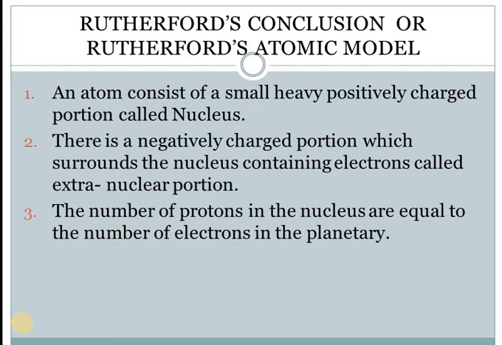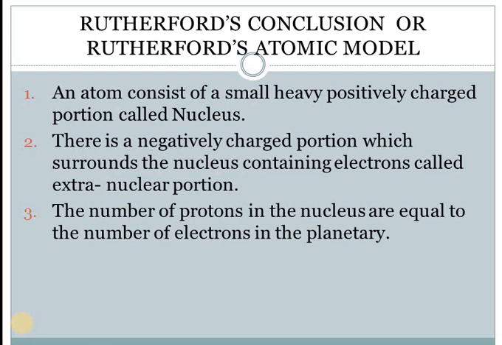Basically Rutherford said that electrons and protons resemble the solar system, or planetary system. The sun is present in the middle and all the planets surround it and revolve around it.